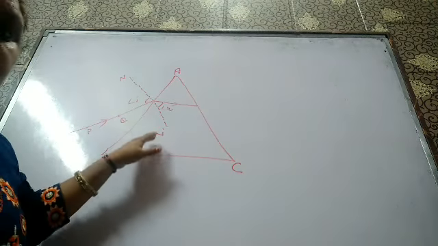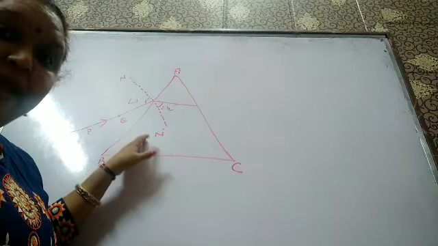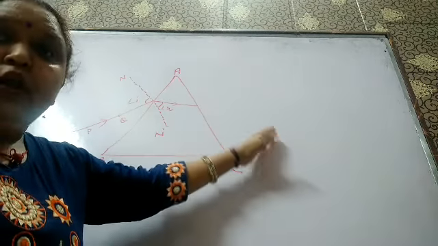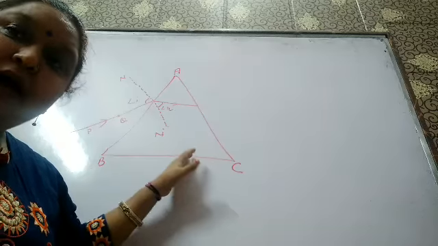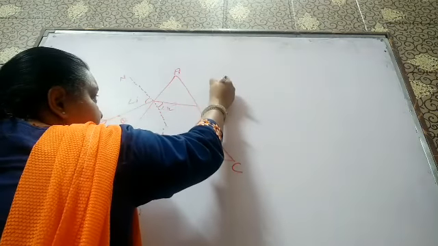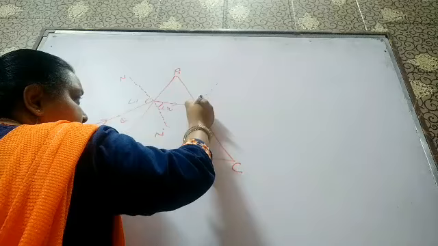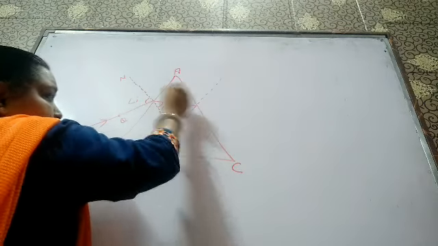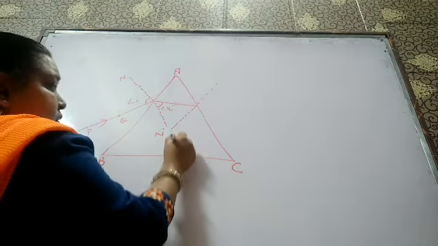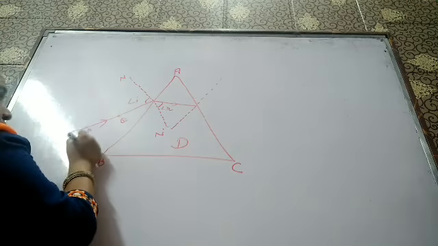Then again we have to see what will happen when light moves out from denser medium to rarer. To see this, we have to draw again one normal, which is perpendicular to this ray. Clear? Then what will happen? This is the denser medium, this is the rarer medium.